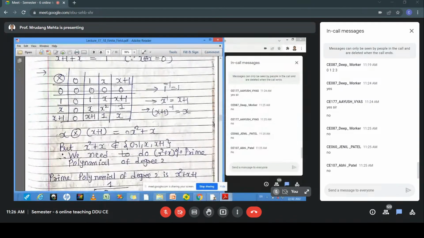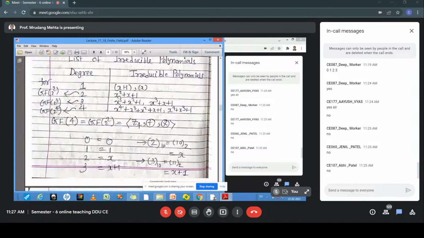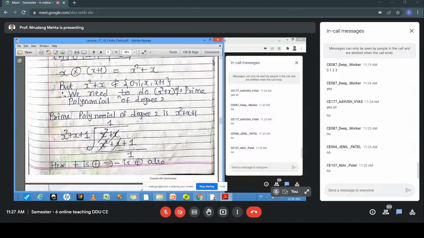Okay, so this is a very important thing. Now let us take the next, x into x plus 1. So x into x plus 1 is equal to x square plus x. So x square plus x is not in the set of elements 0, 1, x, x plus 1. So we have to take modulus with respect to the prime polynomial. Prime polynomial of degree 2 is x square plus x plus 1.